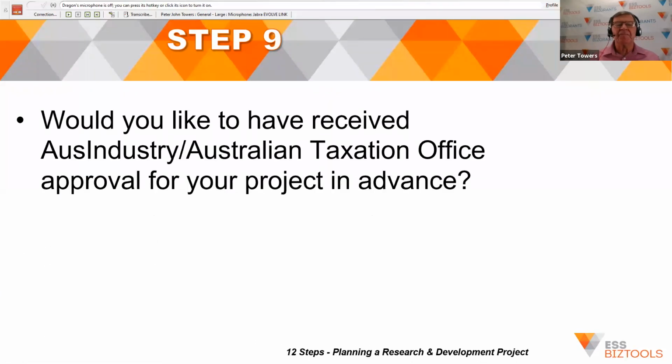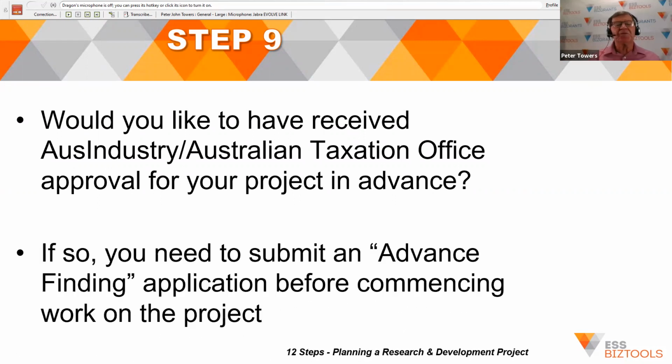Step 9. Would you like to have received AusIndustry and tax office approval for your project in advance? Yes, you can get that. You need to apply for what is called an advance finding. It will take some time because you have to submit all of your information as to what you propose to do.